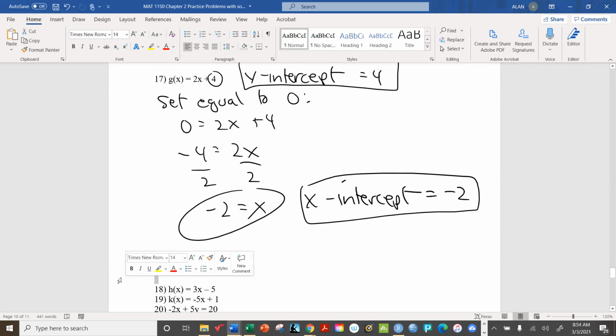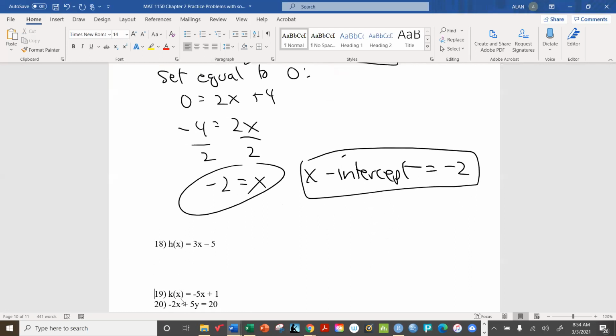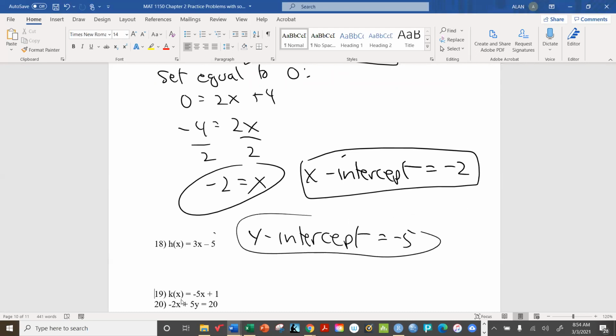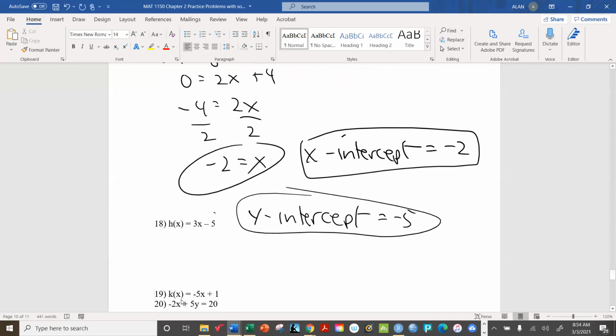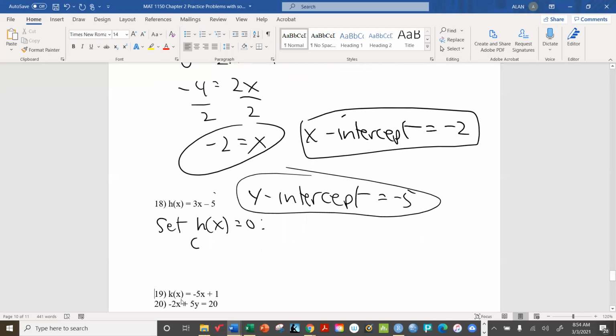All right. Now, the next one, again, has already been written out in the proper format, so we can just go ahead and conclude that the y-intercept is -5. That's done. And then to find the x-intercept, set h of x equal to 0. 0 equals 3x minus 5.